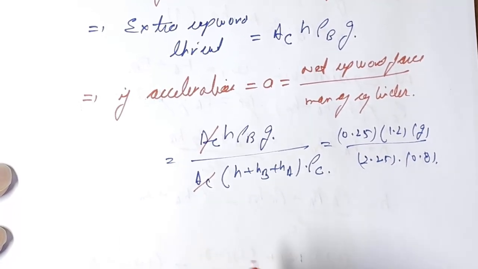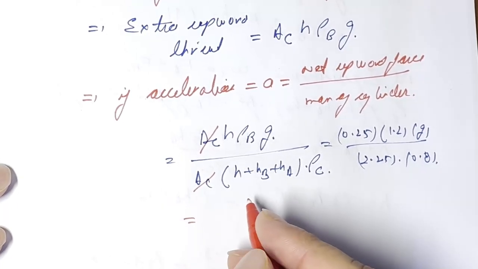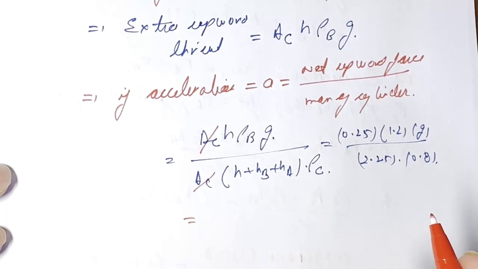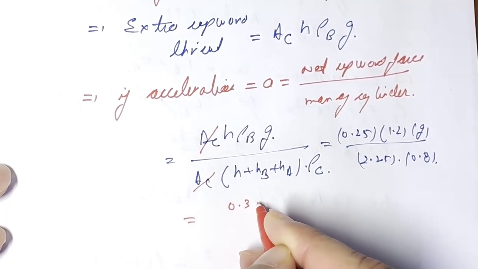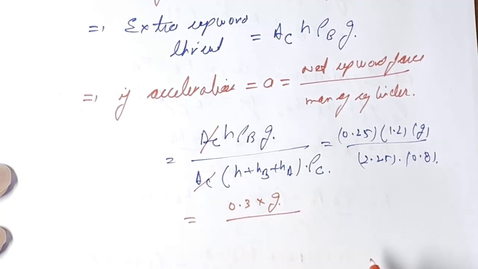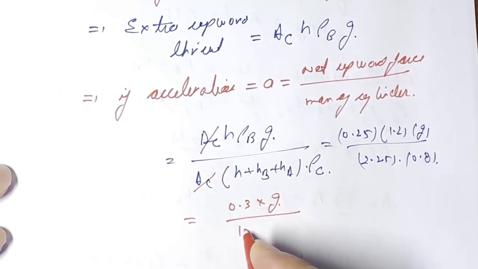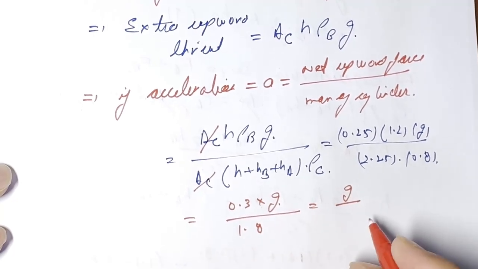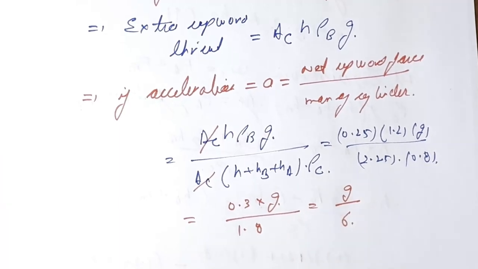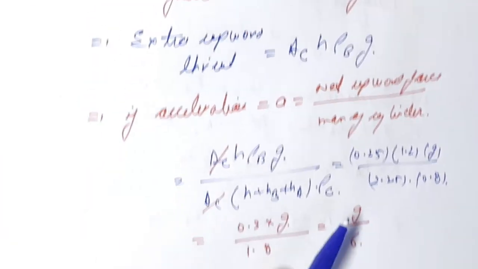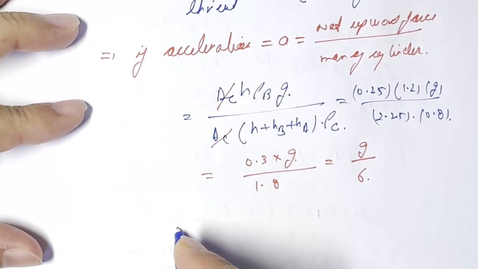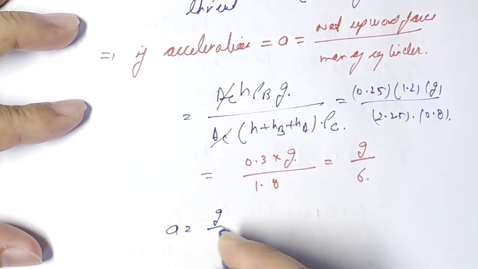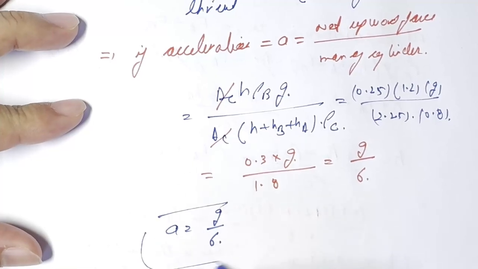So if we solve it, this will give us 0.3 multiplied by G, divided by 1.8. So from here we can say G divided by 6. Therefore the acceleration A will be equal to G divided by 6.